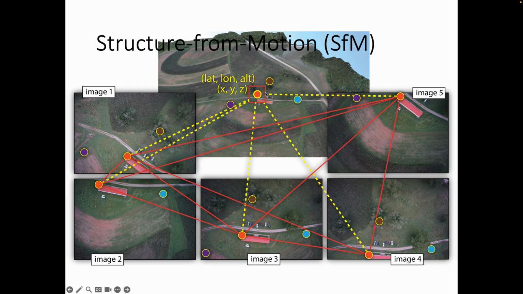Now, it's important to note that the photogrammetry process is going to require that both the images and the objects are in an XYZ Cartesian coordinate space. And so actually it's going to solve for an XYZ location for that particular point.